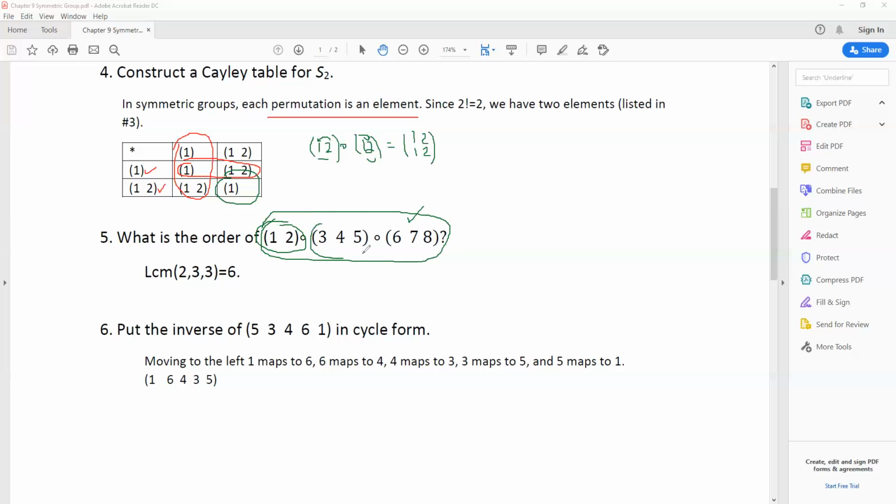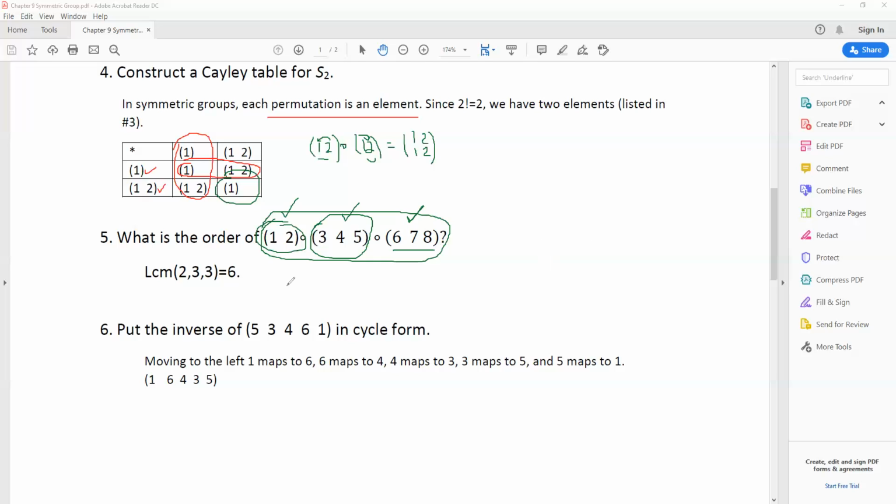Well, the (3 4 5) would not go back to the identity unless it is raised to the power of 3. And the least common multiple between 2 and 3 is 6. So to do it 3 times would take care of the (1 2) and the (3 4 5). And by default, it would also take care of the (6 7 8), since it also has 3 components.